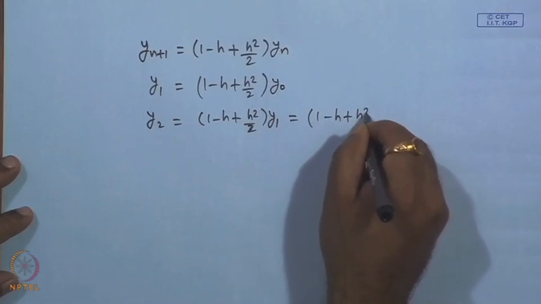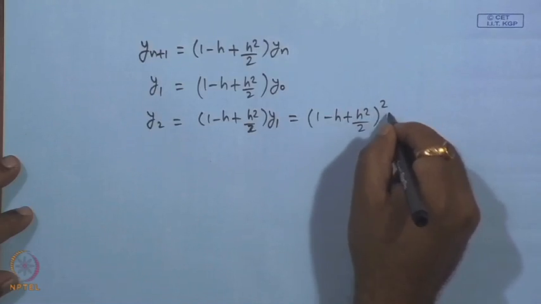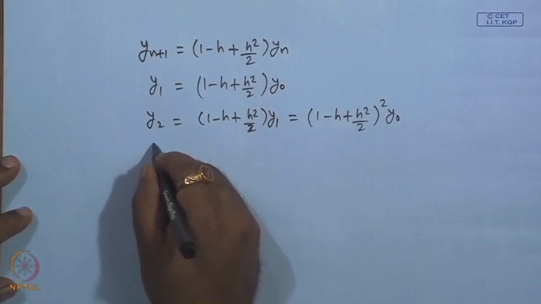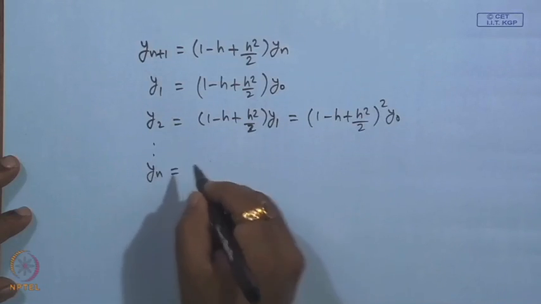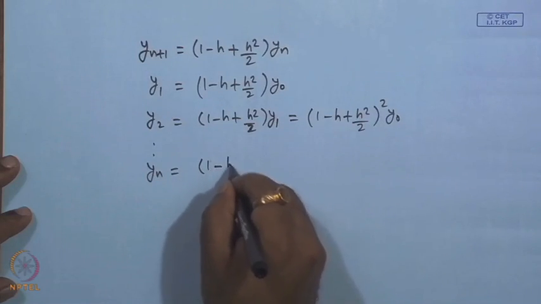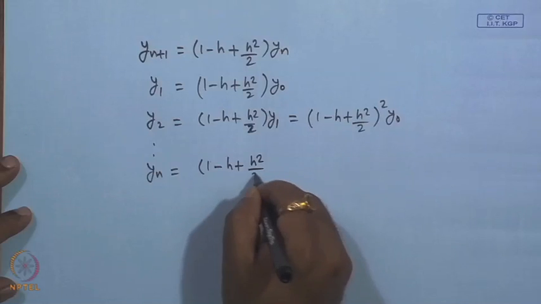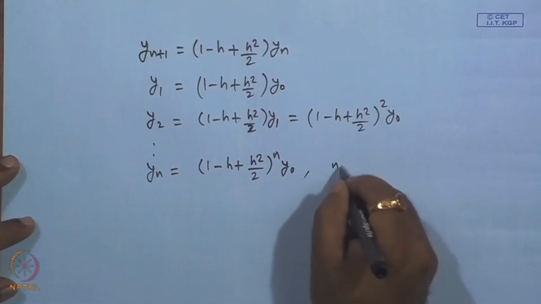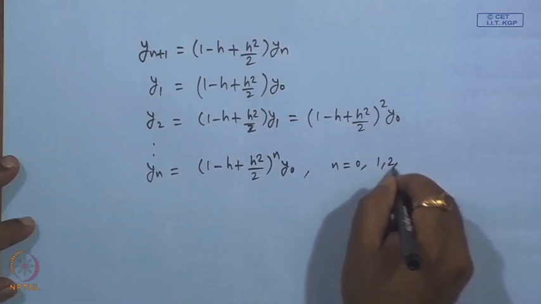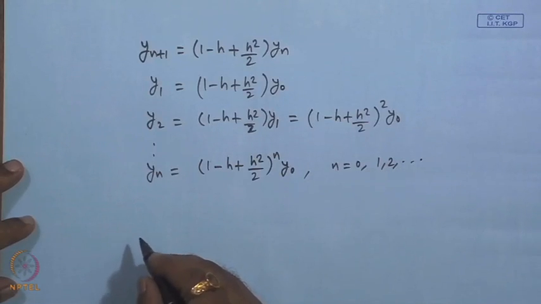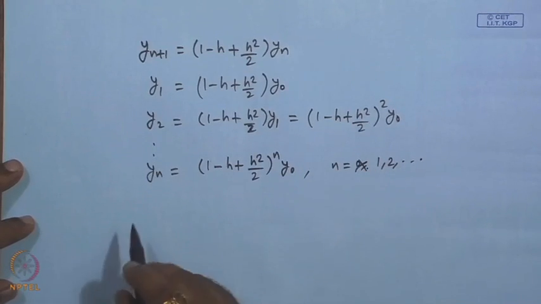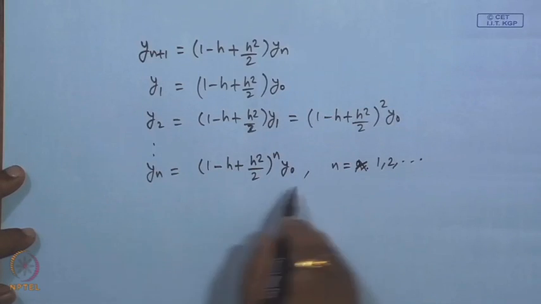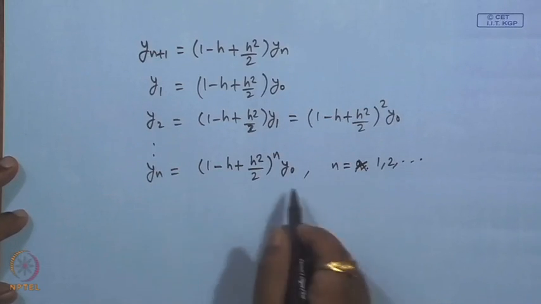Recursively, if we apply, hence y n is this power n times y 0, for n from 1 onwards. So, this is an expression. So, a part is done.